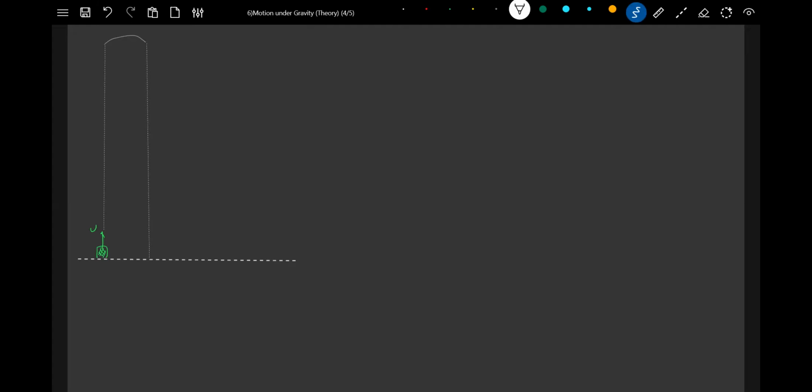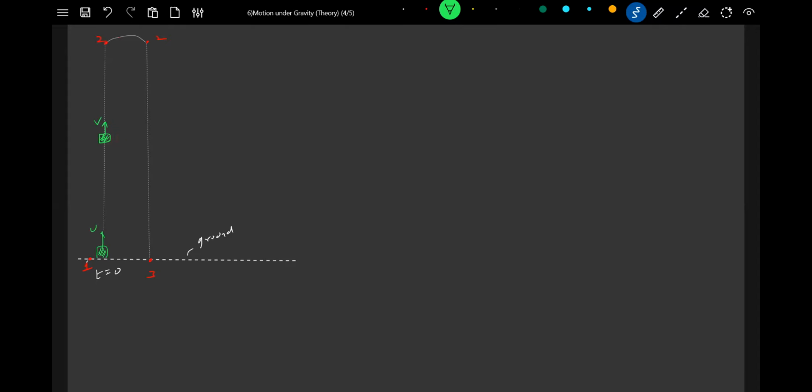At t equals 0 is when I projected. Let this be 1, this be 2, and again it will return back to the ground at 3.